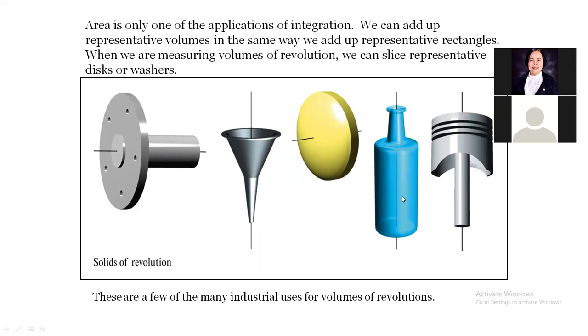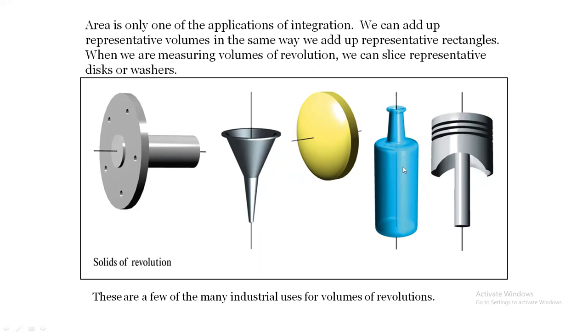Now this one is another composite figure, somewhat like a bottle. This part is a cylinder, while this part is a composite figure. We have here a piston, this part.